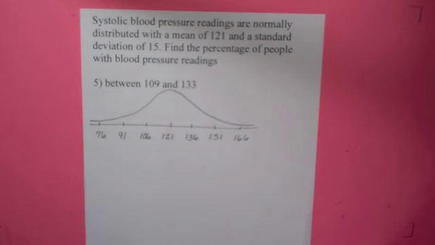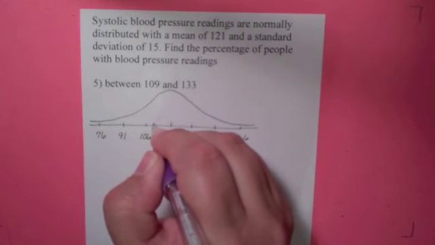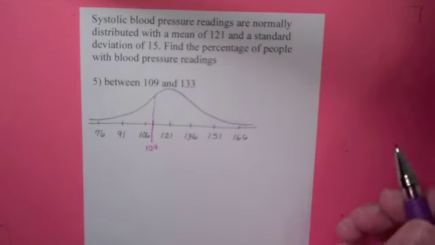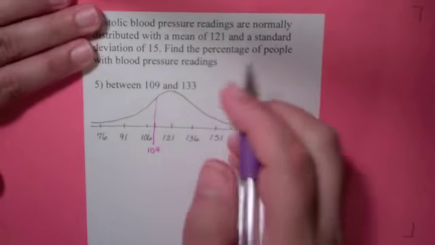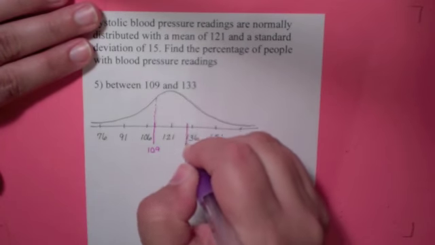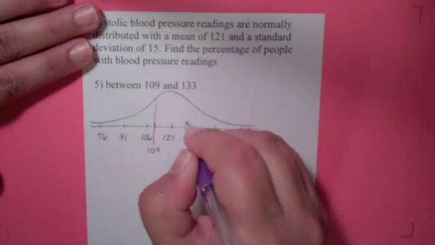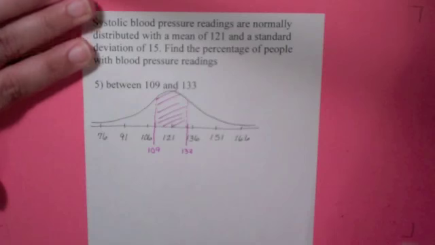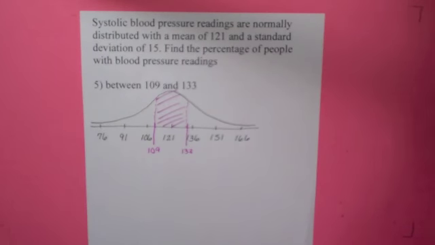Find the percentage of people with blood pressure readings between 109, it's about here, and 133, which is about here. And again, I want between. All right. Hopefully by now learning has occurred. First thing I have to do is convert both of these to a z-score.